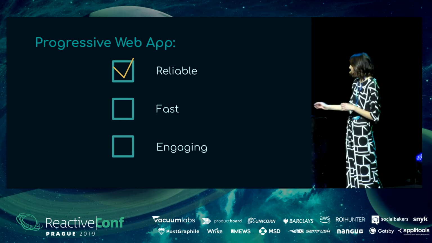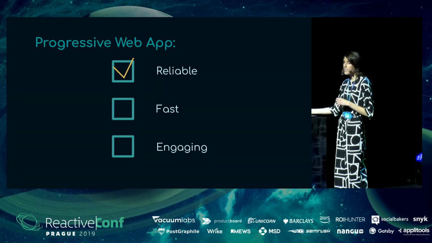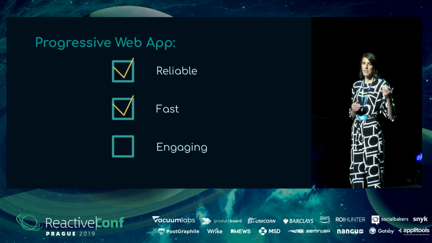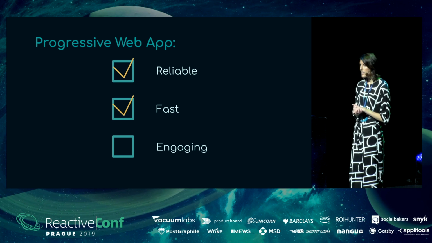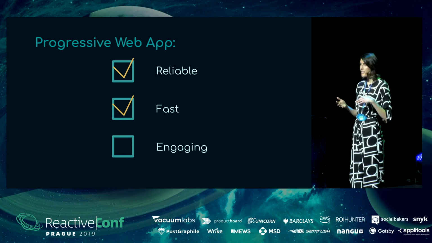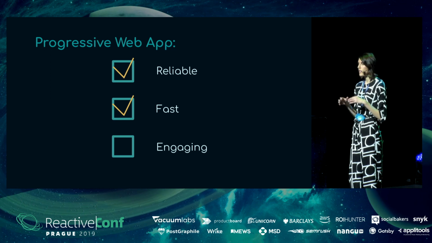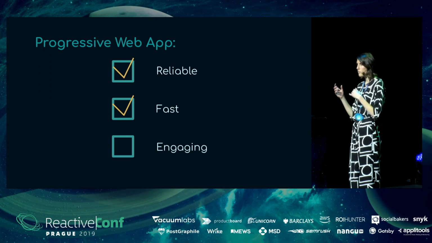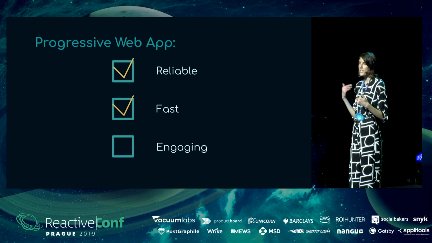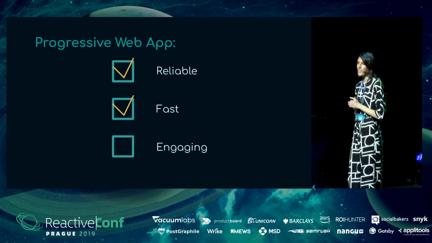The other one is whether or not it's fast. This is made possible through service workers, just like the offline functionality is made possible through service workers, where we cache certain assets that allow for us to serve up assets regardless of whether or not the connection is slow. So we don't have to load assets more than that first time to get that initial loading going at a blazing speed.